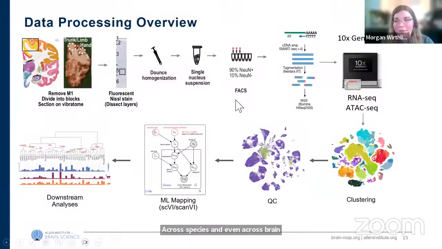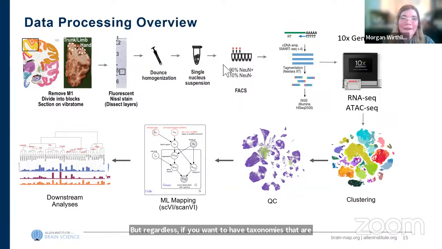And in part, this may be just a scaling issue of the brain. As the brain gets larger, that ratio needs to change. But regardless, if you want to have taxonomies that are easier to integrate, we'd highly recommend doing some kind of NeuN enrichment.